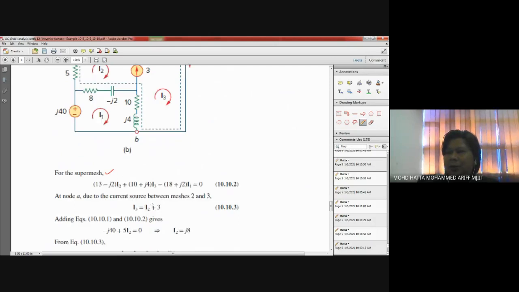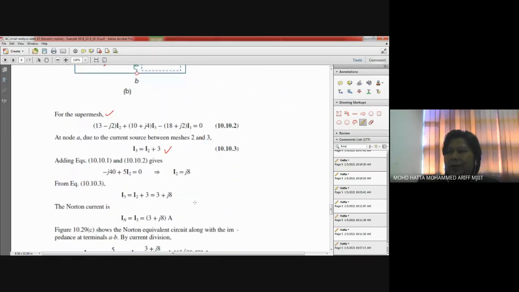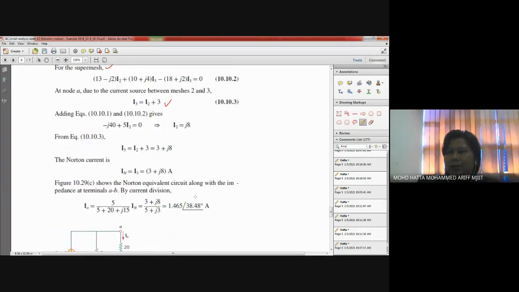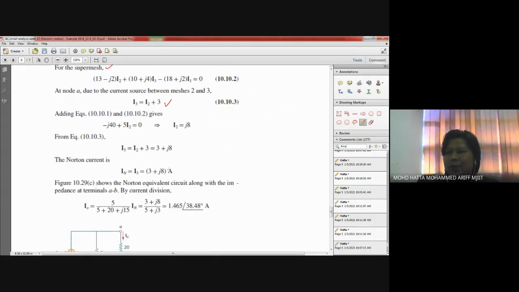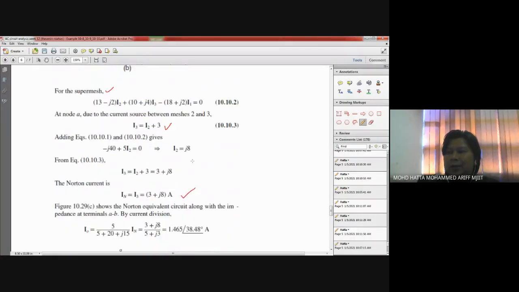Also you need to apply KCL at this point. From there, you can get your answer, and based on the solution, we have IN equal to the current over here, the current I3.